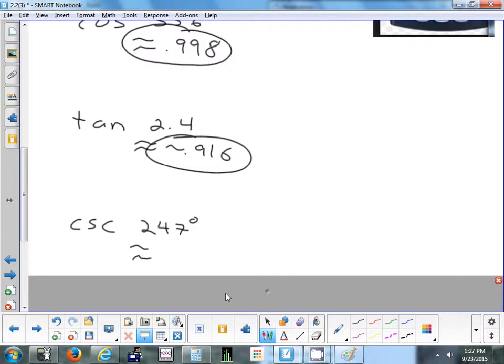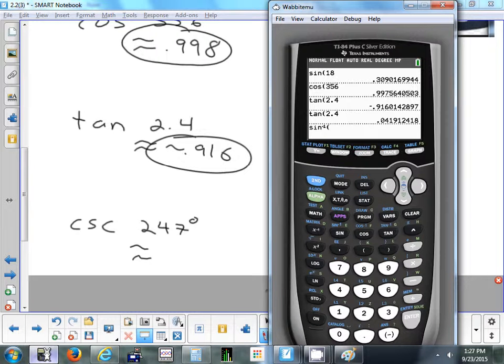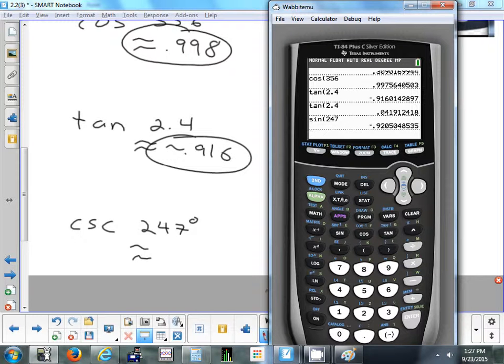So what I want you to do is start by finding the sine of 247. Now take that answer and flip it. Do 1 divided by. Now type that answer in. Negative 0.9205. That's enough. We're just taking that answer and flipping it.